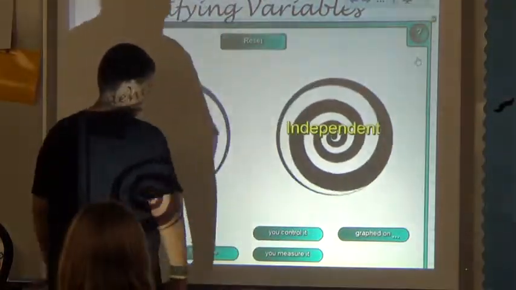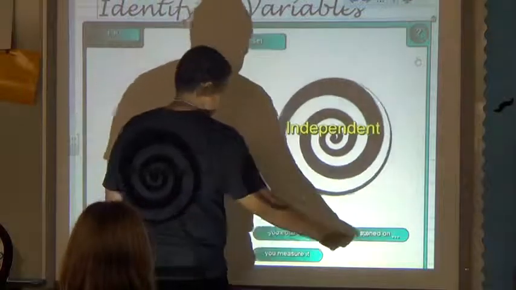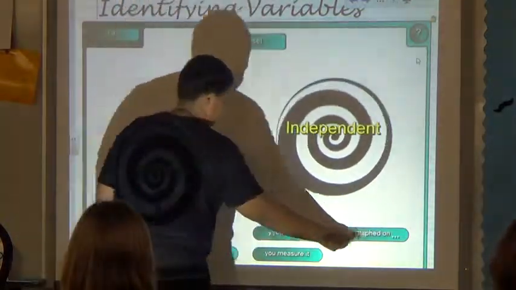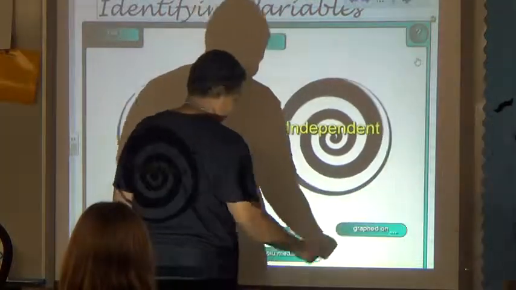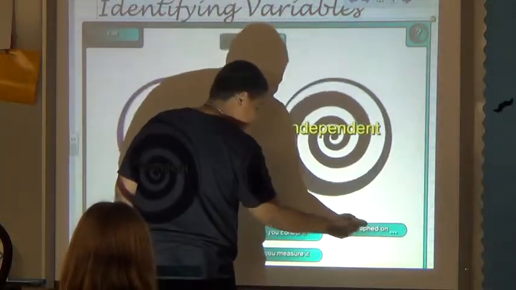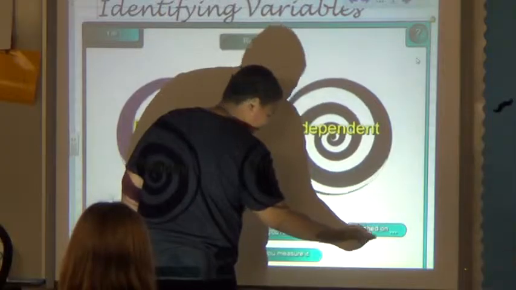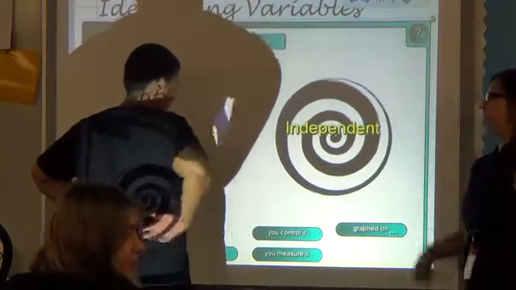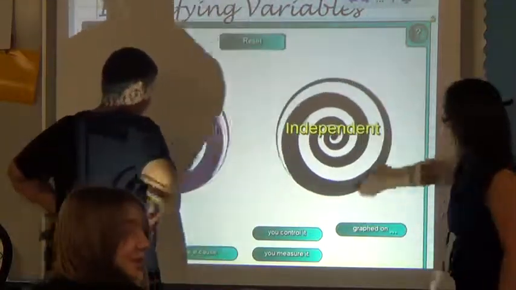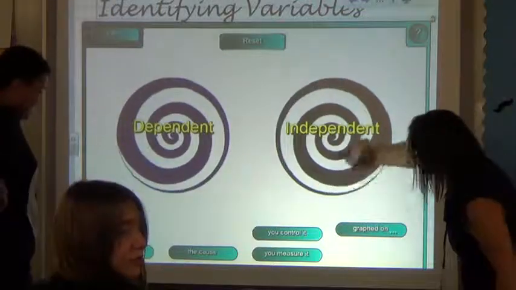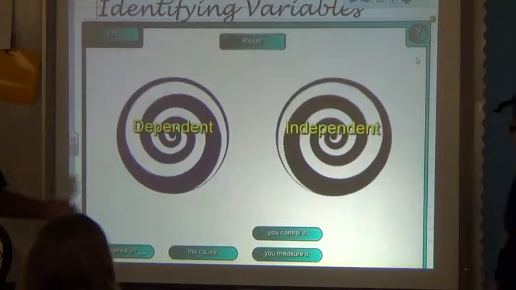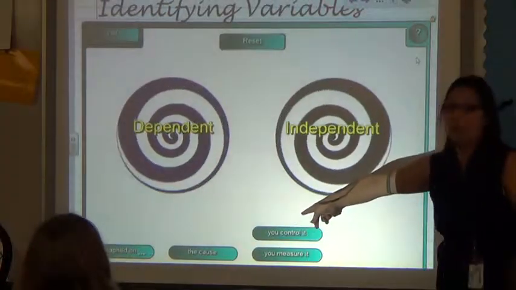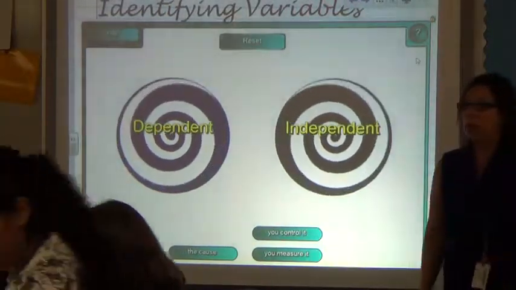It's good, this one. Graphed on the x-axis. Okay, I'll move it for you. Where do you want it to go? Now I can. What? You broke it. Double tap it, double tap. Good, okay. You control it.